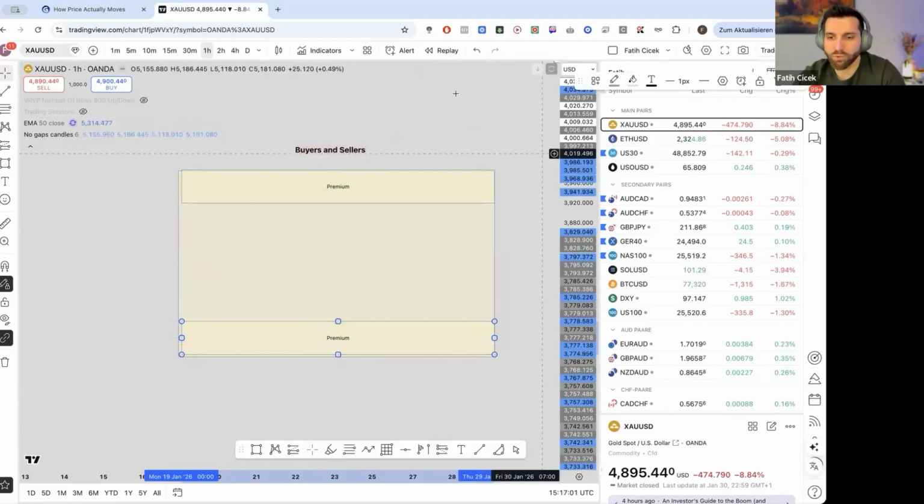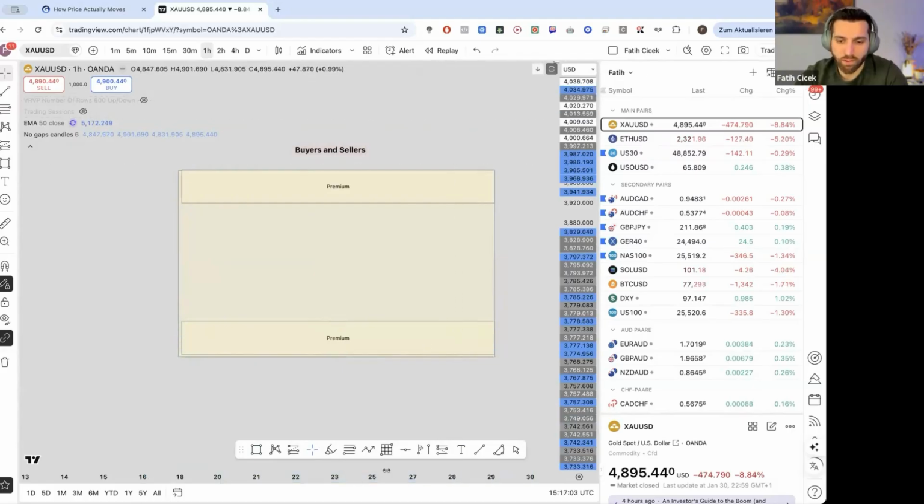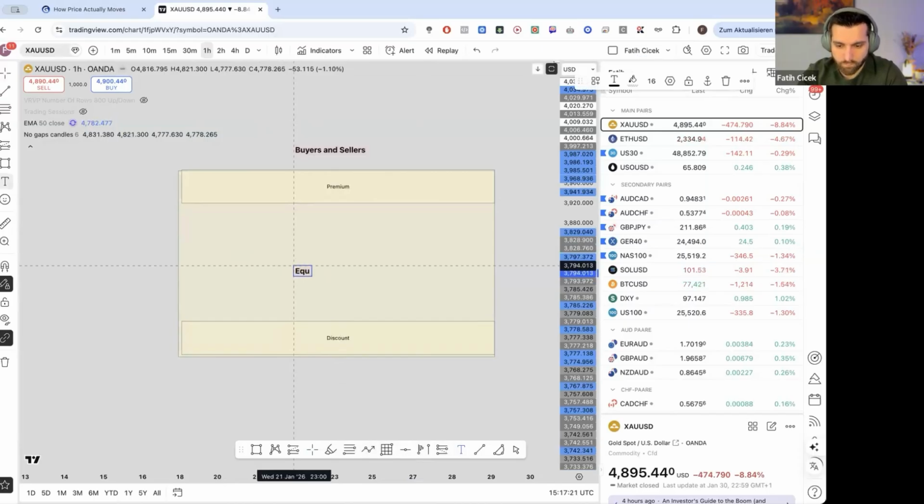So let's imagine that you want to buy an iPhone. And you know the equilibrium price, which is the average price of an iPhone 17 Pro. What's the price of an iPhone 17 Pro? I don't even know.